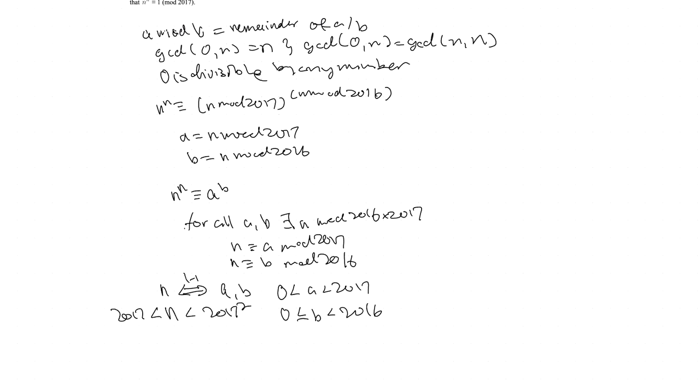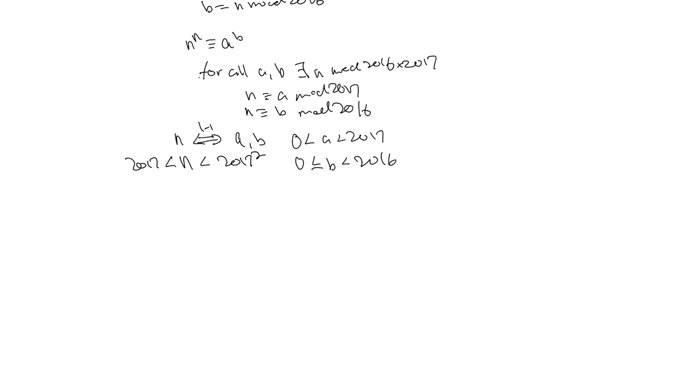And if you calculate it, it fits in the range and all of that. So this is like a projection. And so now we're simply looking for the pairs of A and B such that A to the Bth power is congruent to 1 mod 2017.